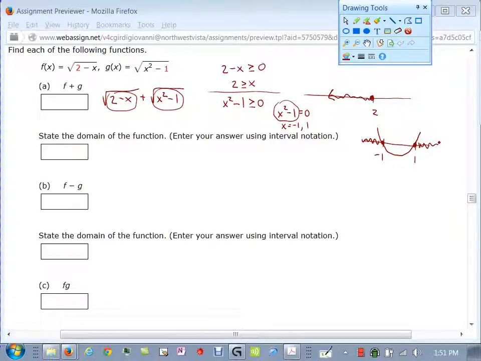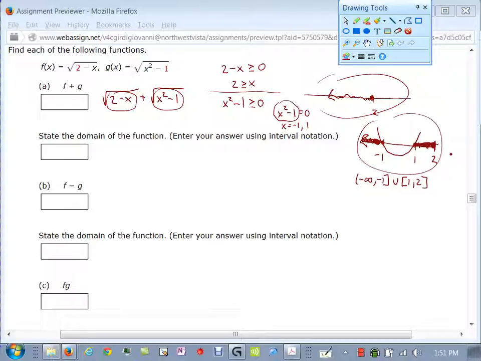So what I need to do is figure out where both of these overlap. 2 is out here, so I include 2. It'll be everything in between here, and then everything over here would work also forever. So it looks like negative infinity to negative 1, and I can include negative 1, unioned with 1 to 2, but nothing past 2.